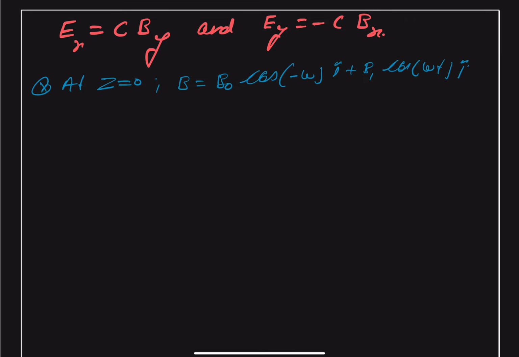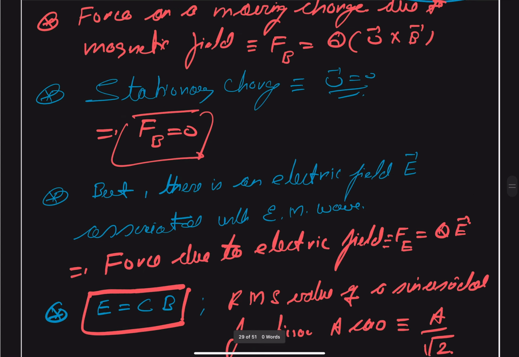We know that cos of minus theta is cos of theta, so we can write B will be equal to B naught cos of omega t i plus B1 cos of omega t j. Is there a t in the equation?